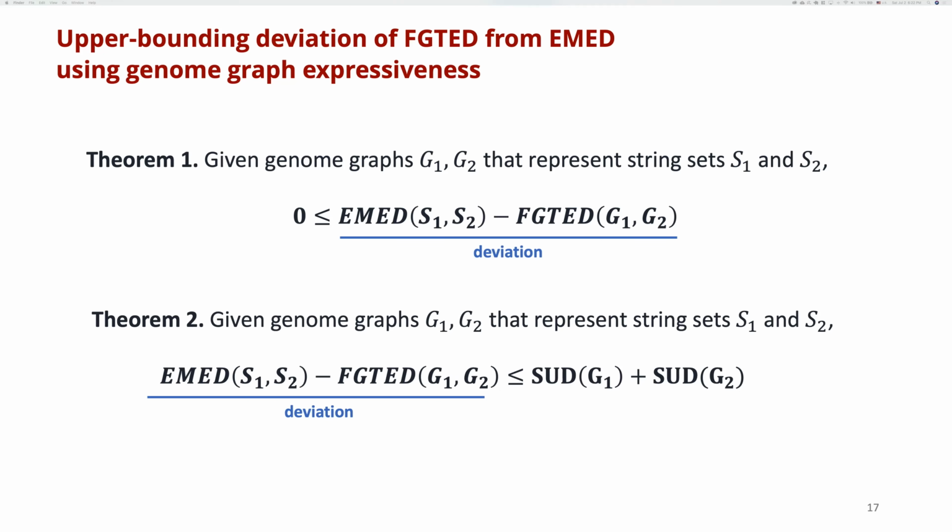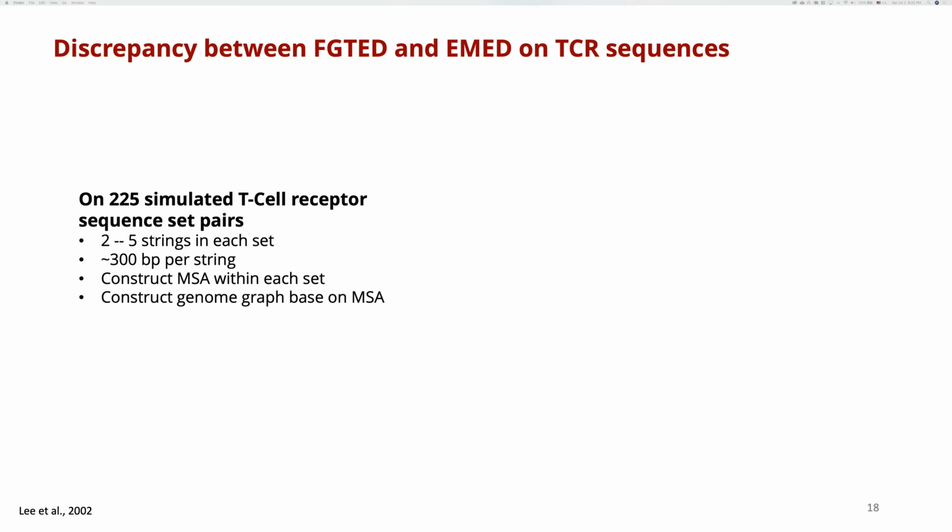We first visualize the discrepancy between FGTED and EMED on actual DNA sequences. We simulated T-cell receptor sequence set pairs, where each set has 2 to 5 strings, and each string is about 300 base pairs long. We created partial order genome graphs based on the multiple sequence alignment within each string set.